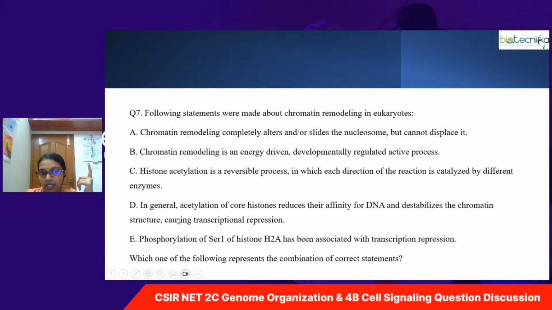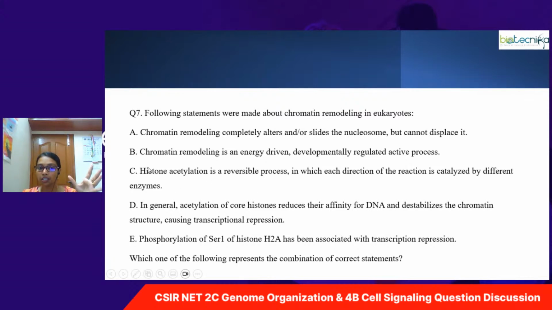And in general, acetylation reduces their affinity for DNA, destabilizes the chromatin structure, causing transcriptional repression. And lastly, phosphorylation of serine 1 of histone H2A has been associated with transcription repression.